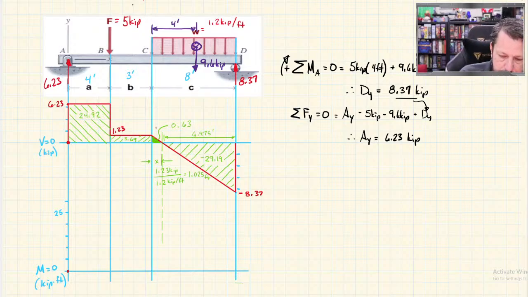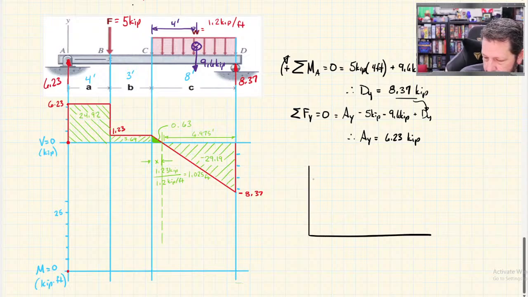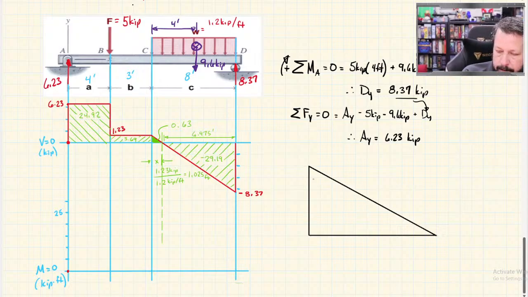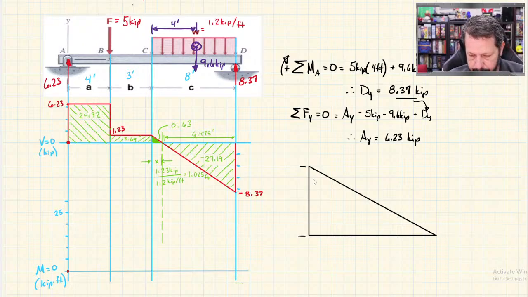And so the area of the little solid green triangle is, let's put it over here. So this is a giant version of the little green triangle. We know the height of our triangle because it's given to us in our shear diagram. Actually let me draw it as a height. I usually use blue for that.